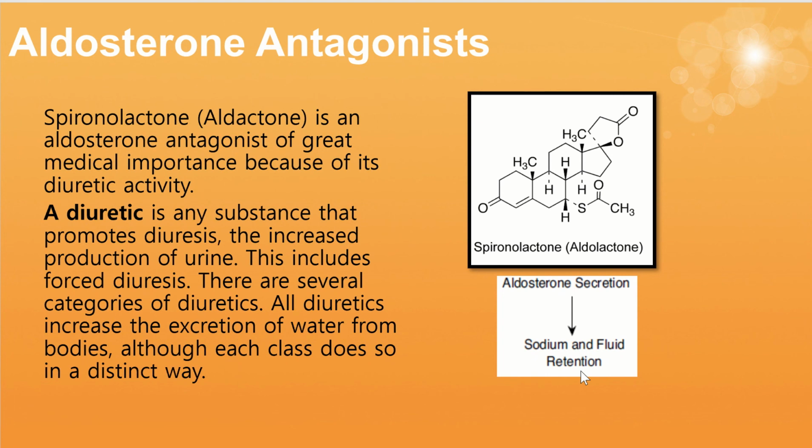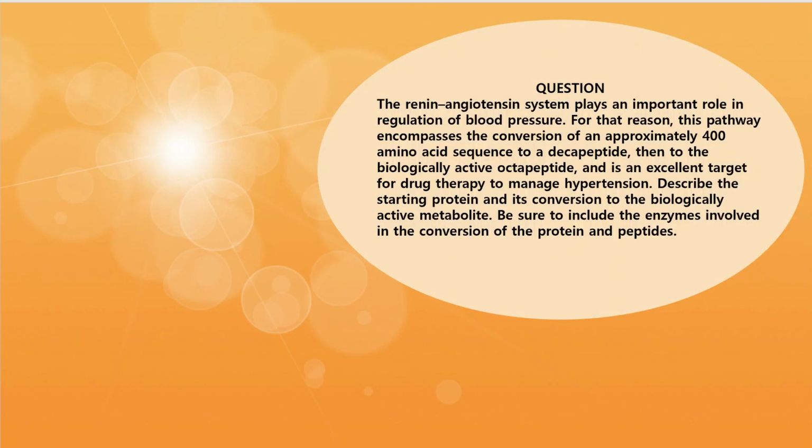And of course, other effects. All right, so this is where we conclude our chat, and I just want to leave you with one question. The renin angiotensin system plays an important role in regulation of blood pressure. For that reason, this pathway encompasses the conversion of an approximately 400 amino acid sequence to a decapeptide, then to a biologically active octapeptide, and is an excellent target for drug therapy to manage hypertension.